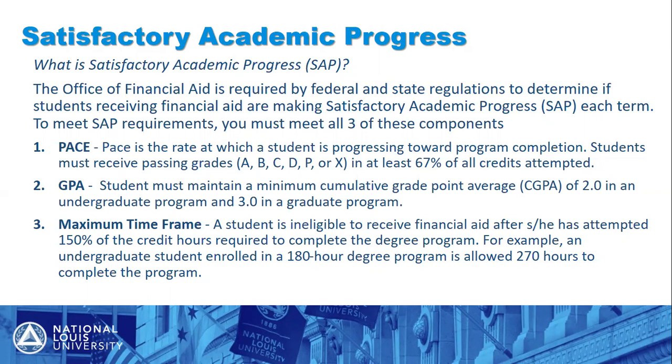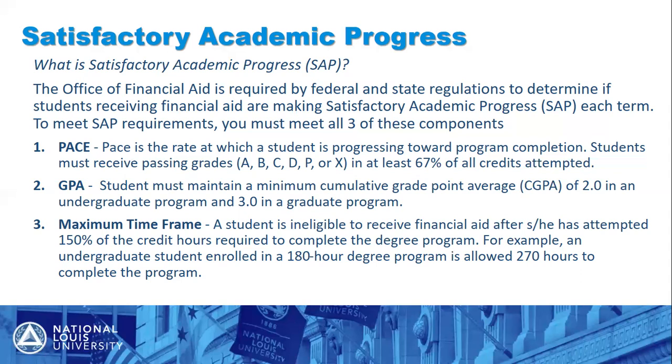So the first you're going to need to meet is the PACE component. PACE is the rate at which a student is progressing towards program completion. Students must receive passing grades listed here and at least 67% of all credits attempted. So as you withdraw from classes, that actually impacts the PACE and the progress that you are making towards program completion. Next, you're going to have to maintain a GPA, which is 2.0 for an undergrad student or a 3.0 for a graduate student.